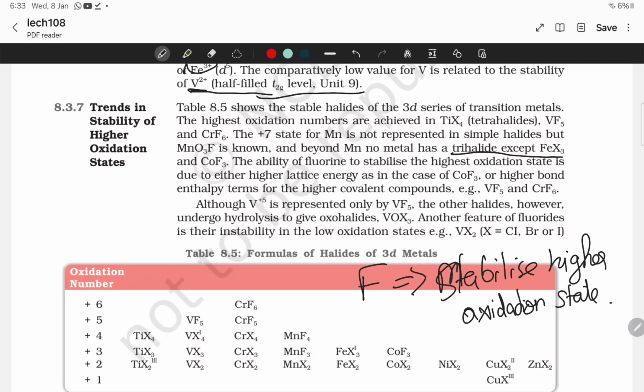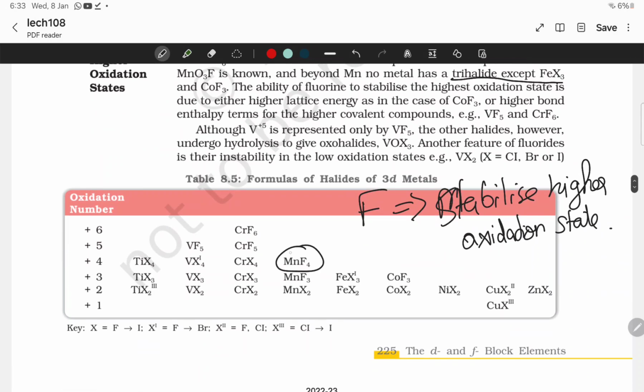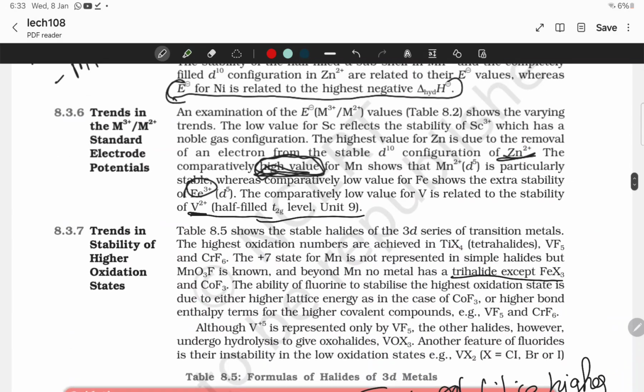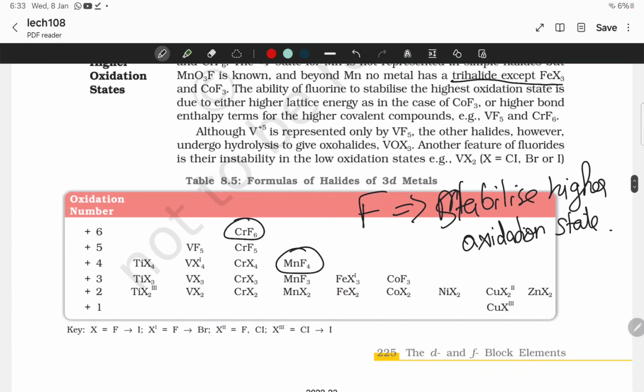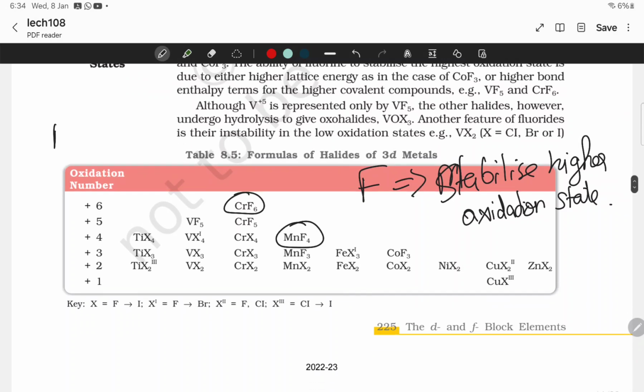That is, look, MnF4, CrF6. Fluorine can form bonds with the higher oxidation state. Because for Mn, you will think +7 is the highest oxidation state, so MnF7 should come. This compound is not formed because of some problems with manganese.